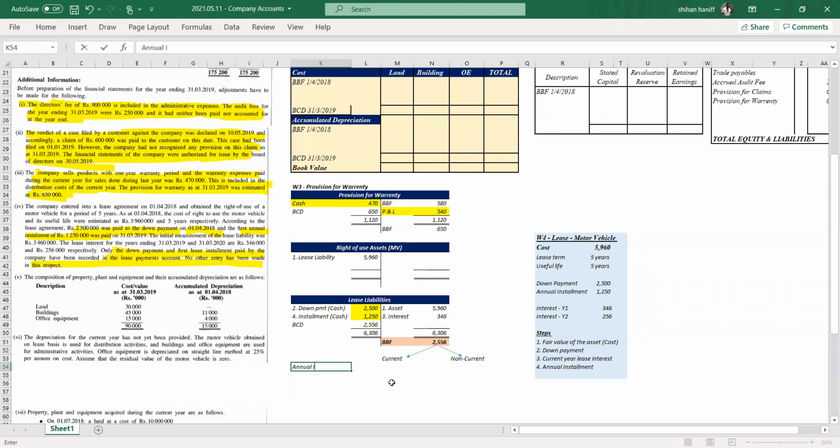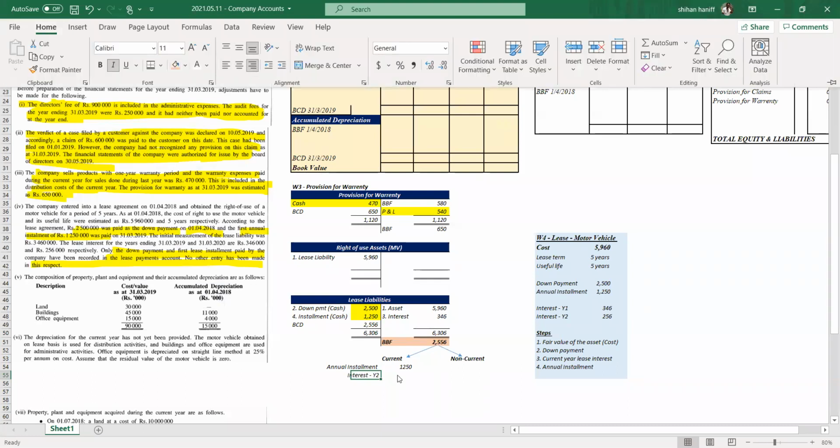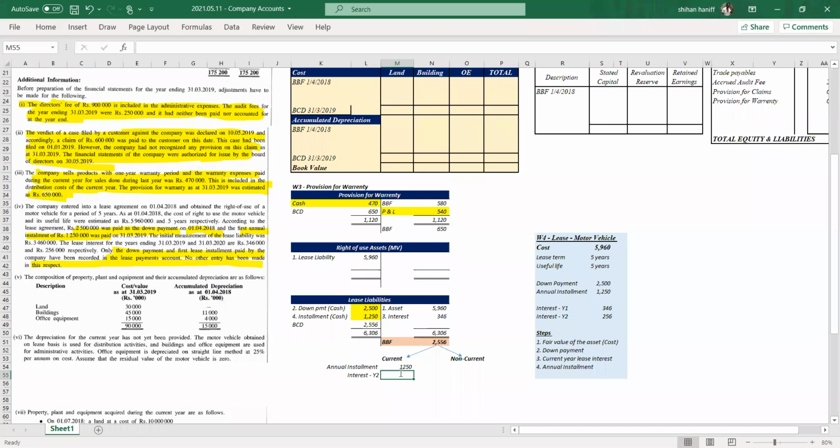Next year our annual installment is 1,250. Out of that, there is an interest. Interest for second year is 256. That's a minus.